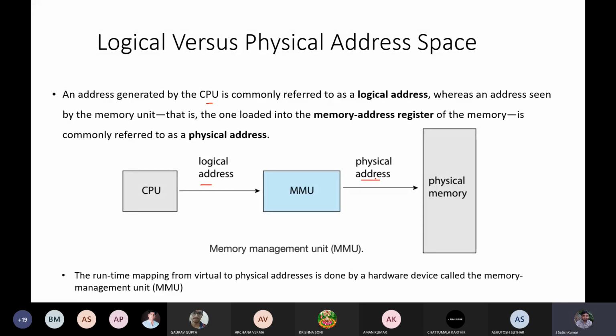So a runtime mapping from the logical address to the physical address is done by a hardware device. We call that the memory management unit. So typically we have two addresses, logical address and physical address. The logical address is generated by the CPU, and the physical address is the one in the main memory. This conversion from logical address to physical address is done by the memory management unit, which is a hardware device. Is this clear?